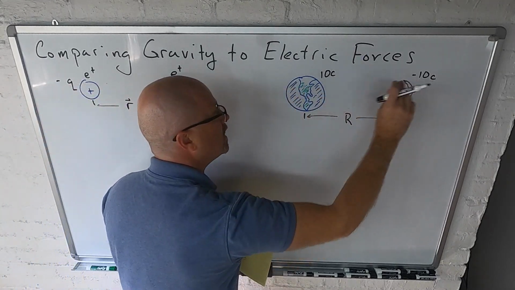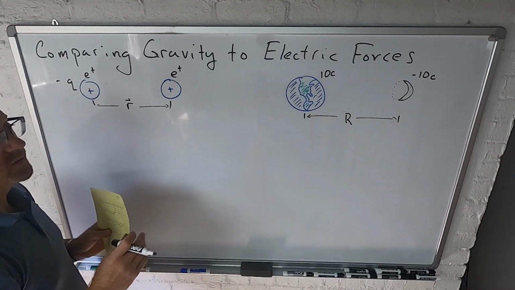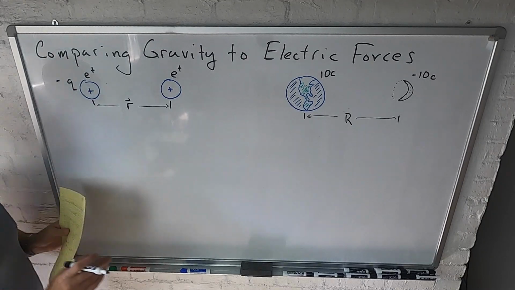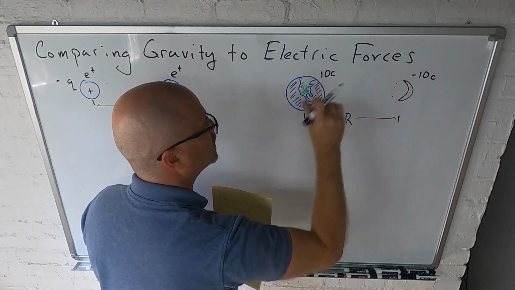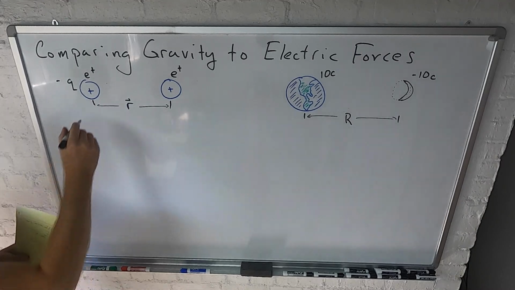So this is a tremendous amount of actual charge. It's a lot. So that's not really realistic, but it is something we can make a comparison now between the gravitational and the electric charges in these two scenarios. Okay, so let's go ahead and do that.